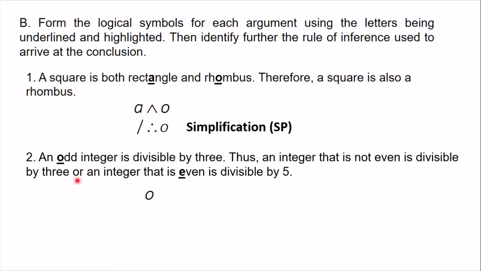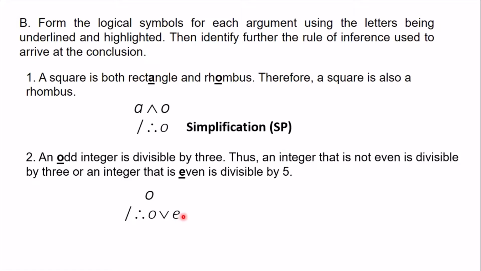The opposite of this: an integer that is even. So we're going to use the letter O because "not even" is already an odd, and our even is E. So since "or" was used, the symbol must be O or E.